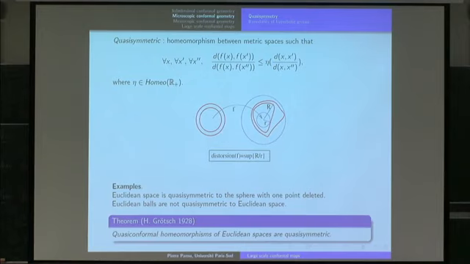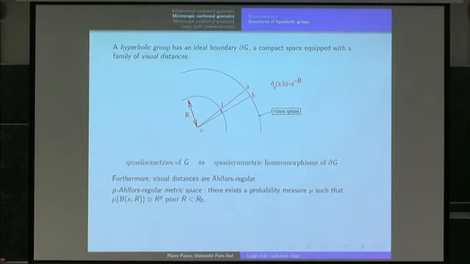And in group theory, we have already heard this word quasi-symmetric in the context of hyperbolic groups. This microscopic geometry lives on the ideal boundary. On the ideal boundary of a hyperbolic metric space, we have visual distances. Here the construction is recalled.